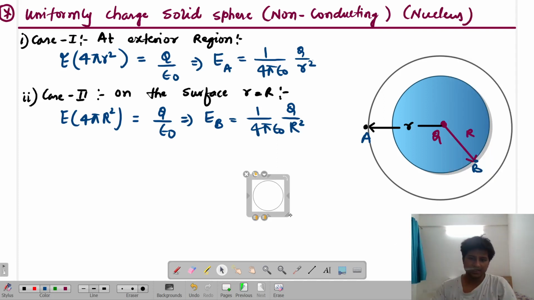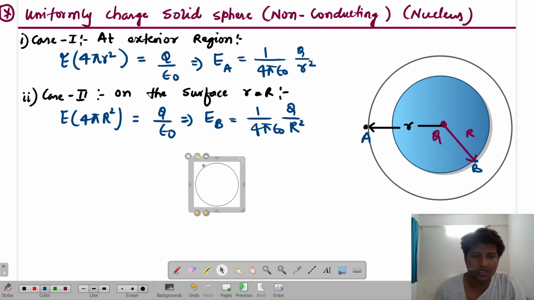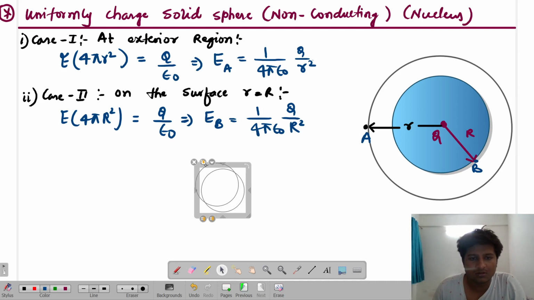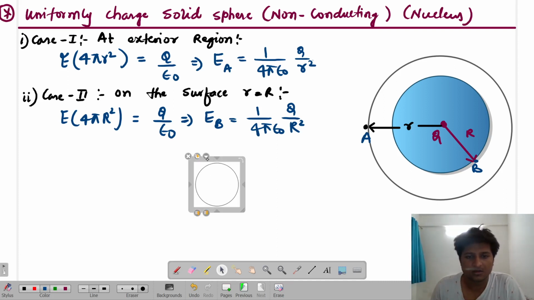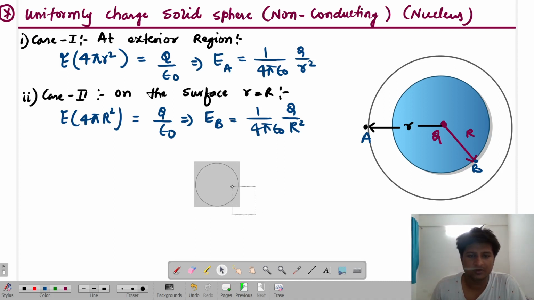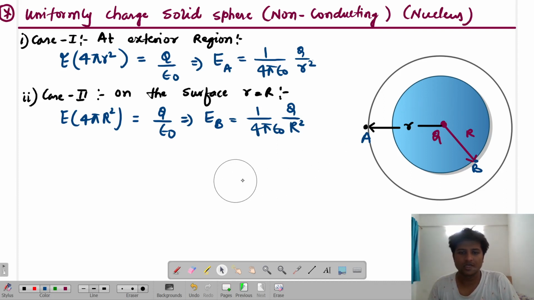What happens if I consider a Gaussian surface inside the sphere?